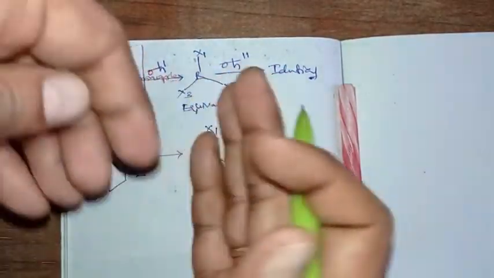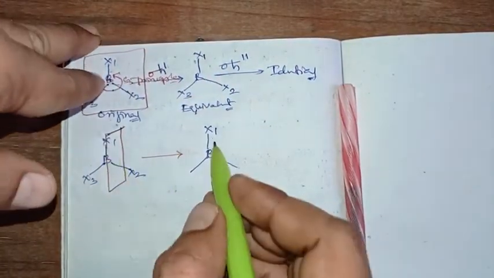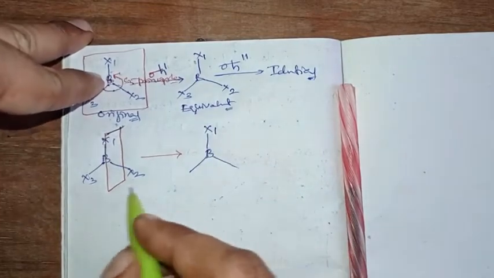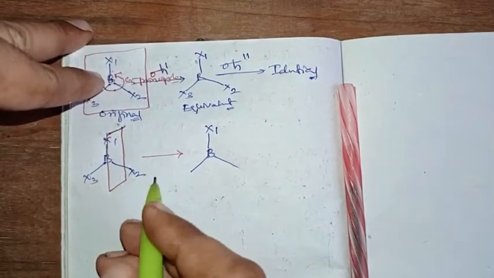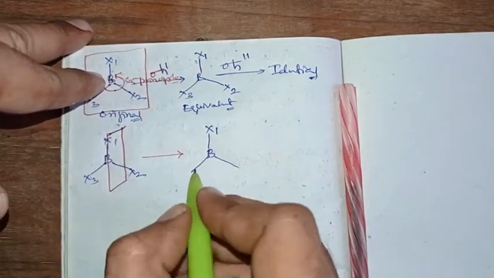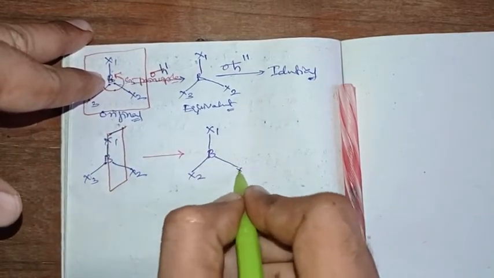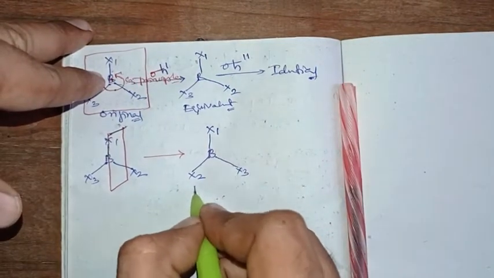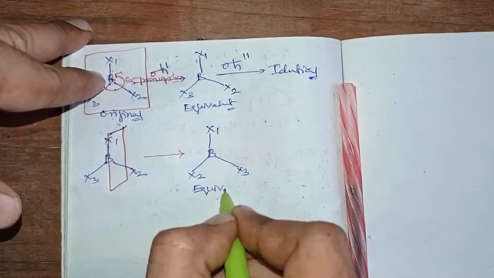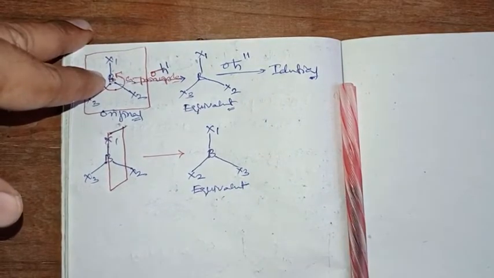Left to right get exchanged, and the positions will be retained, where the same plane will be in between the other two halogens, so they will get reflected and exchange their positions. So with that effect, the generated configuration is an equivalent configuration, right?